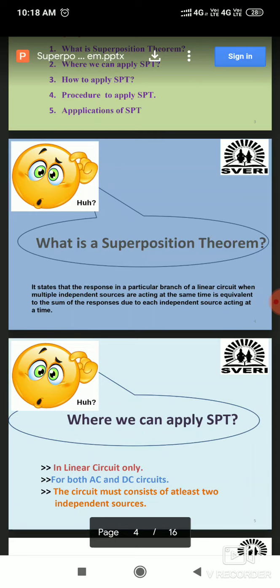Okay, so the last sentence is very important. When you are considering one source at a time, the remaining ideal voltage sources you have to make short, and the remaining ideal current sources you have to make open.